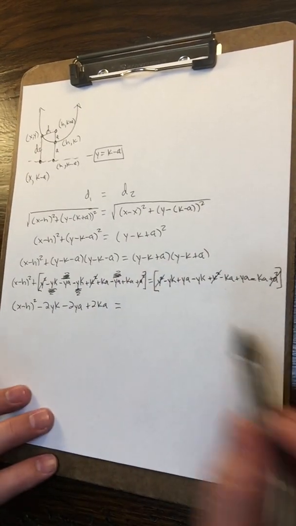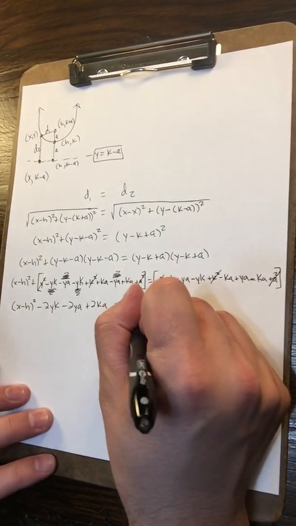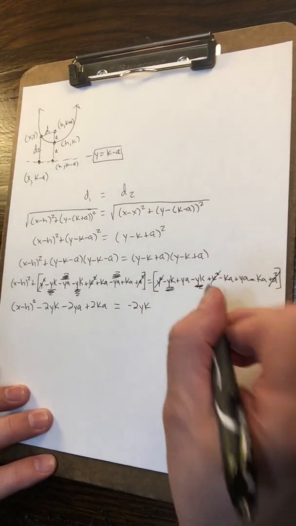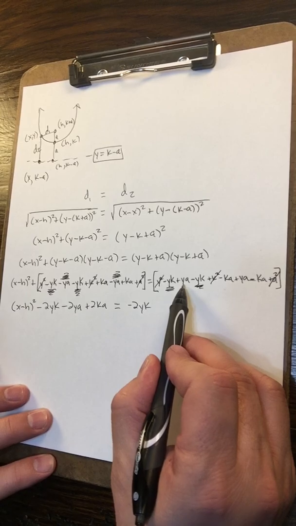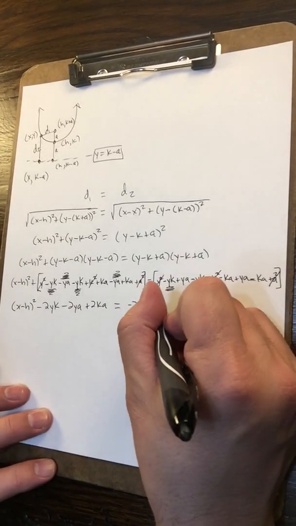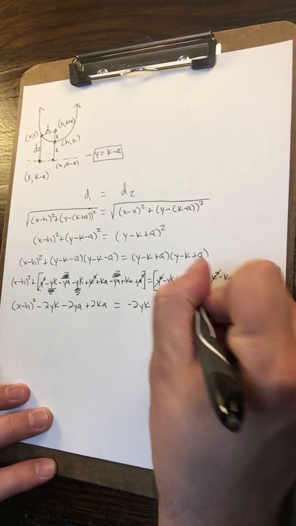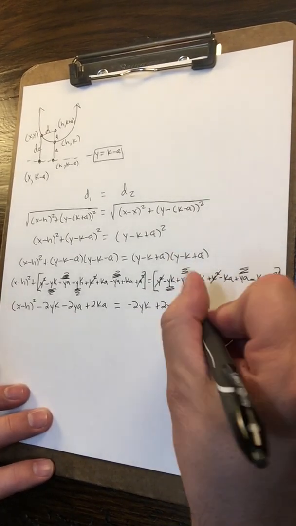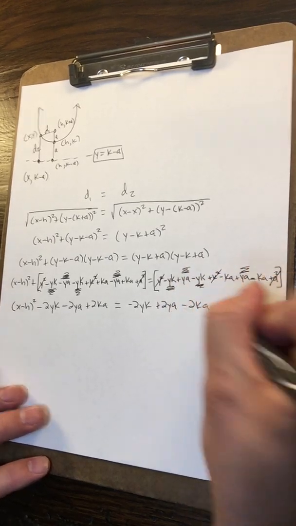Okay, on the other side, I've got another minus 2yk. All right, that's here and here. I got a ya. Which one went second? Yeah, ya. So I got ya and a ya, so it's plus 2ya. Those are taken care of. And then I have minus ka, and minus k is minus 2ka.